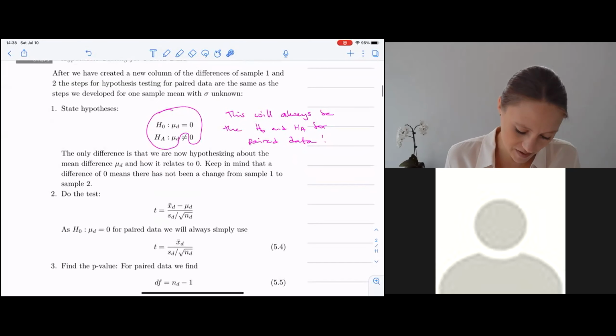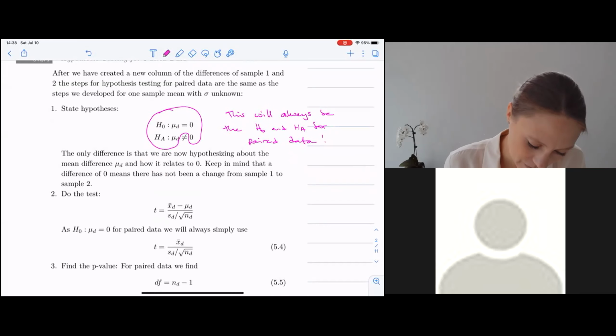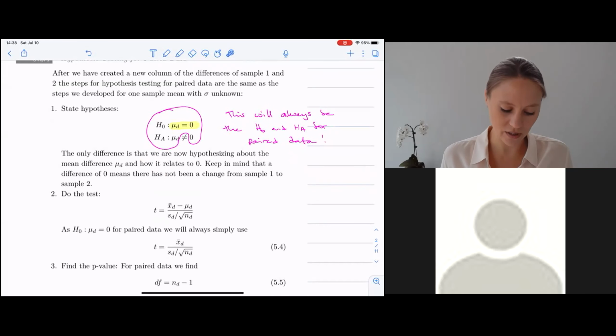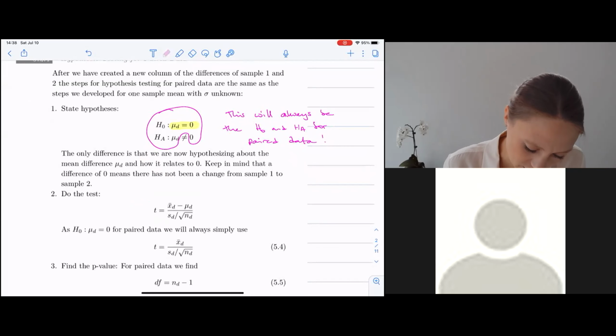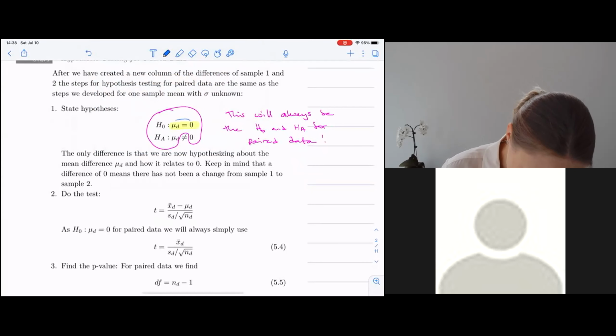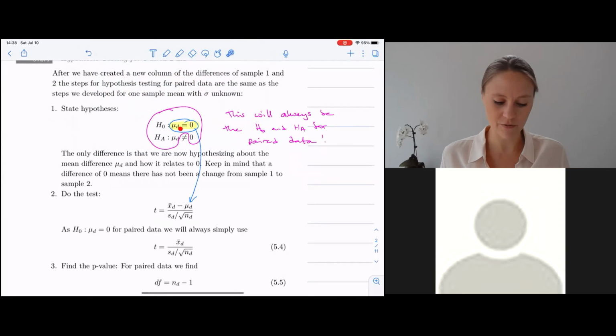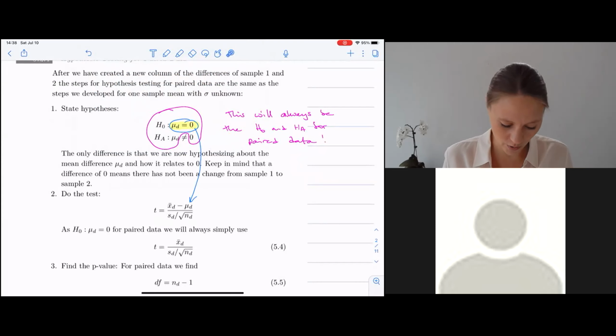So when we do the test here, what's nice is that, okay, remember, we always do the test assuming the null hypothesis is true, right? And so here, if the null hypothesis is always that mu d equals 0, we don't even really need to show that, right?